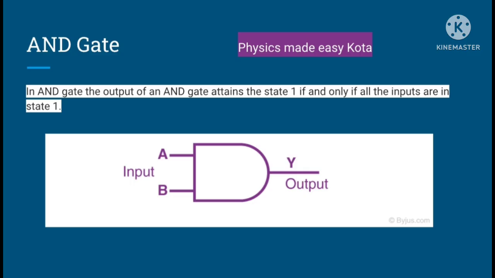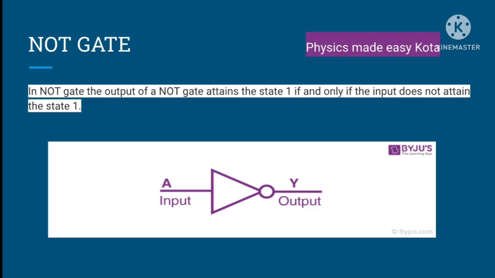An AND gate has two or more inputs with one output, such that the output is available only when all the inputs are available, which means the output is in state 1 if all the inputs are in state 1. The next one is the NOT gate. The NOT gate has only one input, and the input is inverted to give one output, so we get the inverted answer as the output.